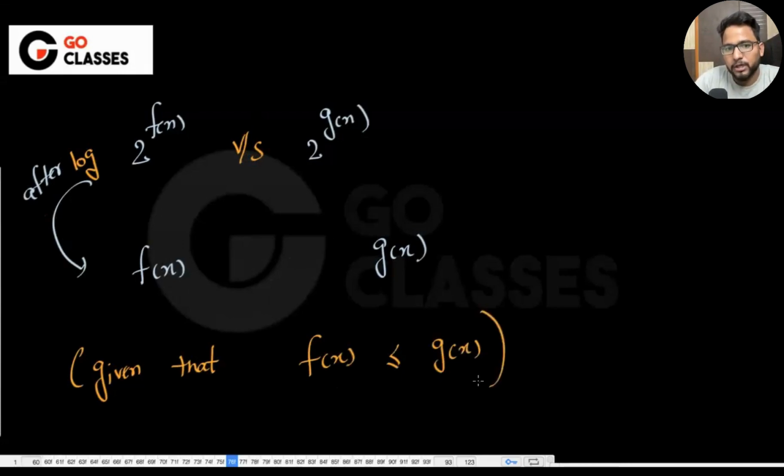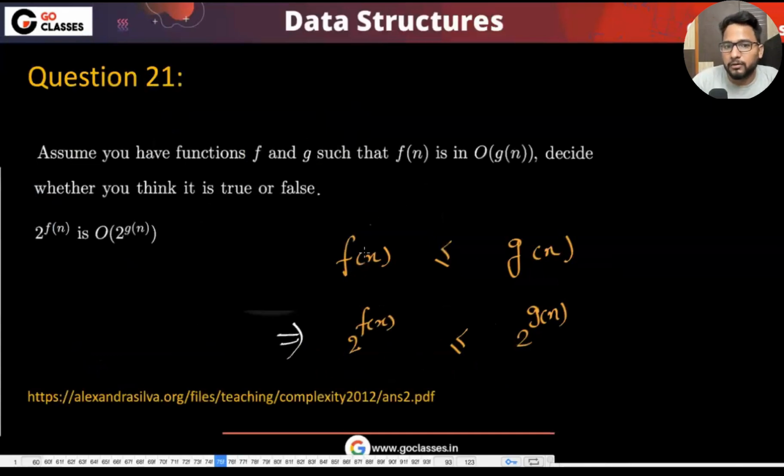So after taking the log, you got some relation which is less than or equal to, right? Then what can you say about the original functions? You can't comment, okay? So in the log, you have to be careful about this equality. If you are getting less than or equal to, greater than or equal to, until and unless you are getting strictly less or strictly greater, you can't comment. So basically, log is not helping you here. Okay. So the question is that this is given to you. Then can you say 2 power f(n) is also less than or equal to 2 power g(n)? This is the question.